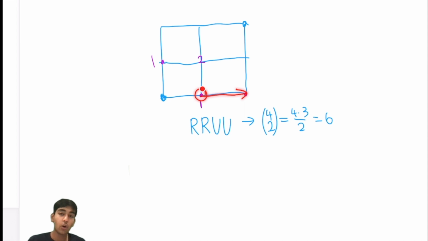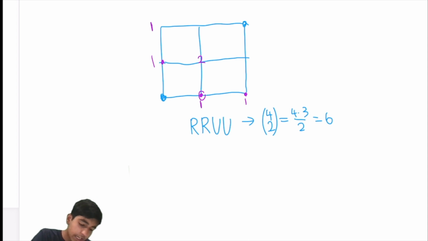Since there's only one way to get here, there's also just going to be one way to get here. We just move right from this point. Similarly, there's going to be one way to get here. We just move up 2 times. There's one way to get to this point here, and from there, you must move up to get to this point here. There's just one way. There's no other way to get to this point.